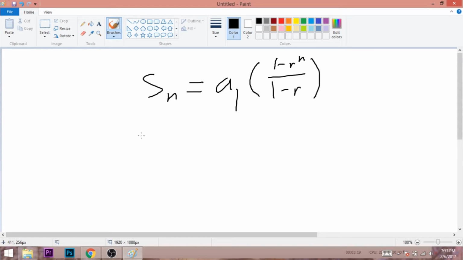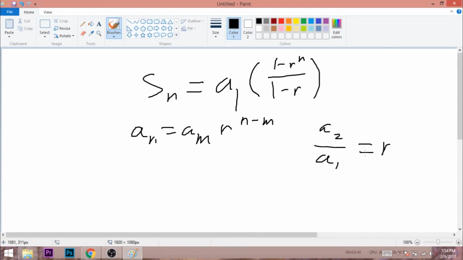And for geometric sequences, you're going to have to remember an is equal to am times r, the ratio, to the n minus m. N and m could be two different terms. In order to find the ratio, you want to do a2 divided by a1. That's going to get you the ratio.